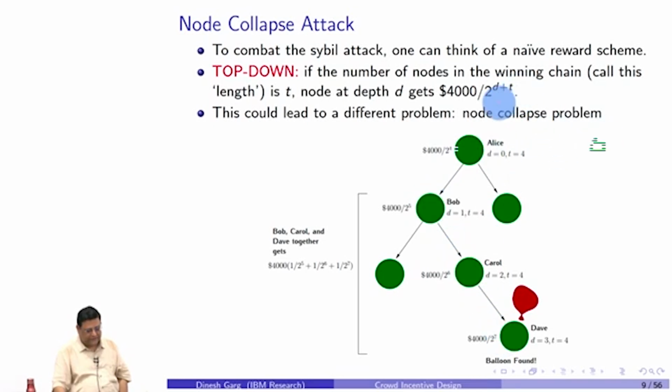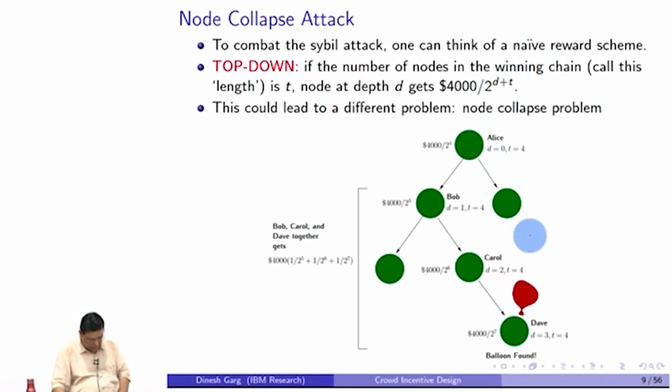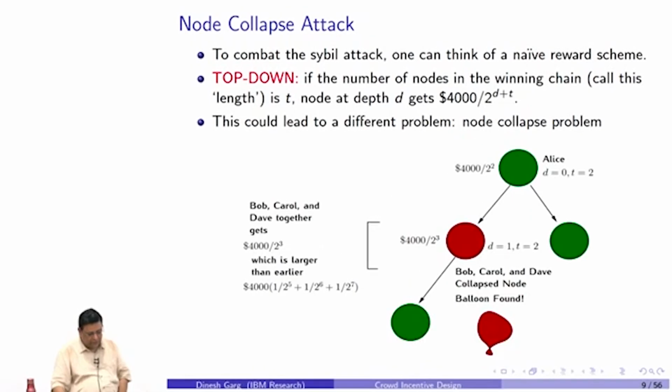I am talking about this scheme, okay? If you change the scheme, the flavor of the attack may change, but this is a very broad scheme by and large. So what will happen? Here, because T equals 2 and D equals 1, the reward is 4000 divided by 2 to the power 3, which is larger than the earlier reward, okay?